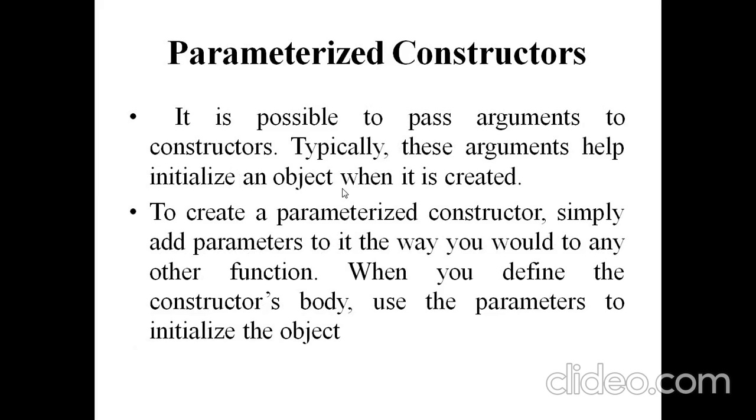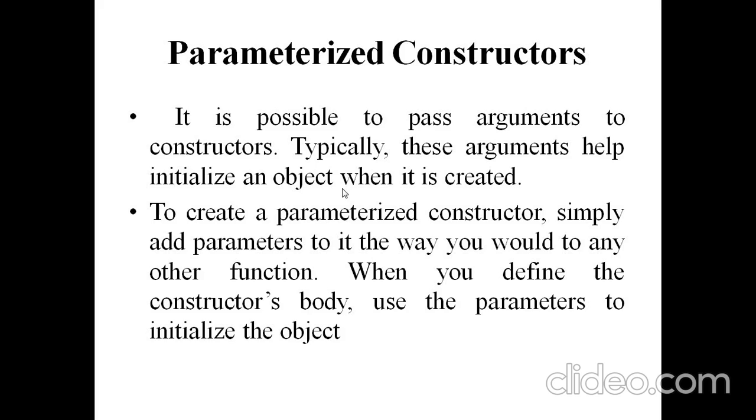The second one is parameterized constructors. It is possible to pass arguments to constructors. Typically, these arguments help initialize an object when it is created. To create a parameterized constructor, simply add parameters to it the way you would to any other function.